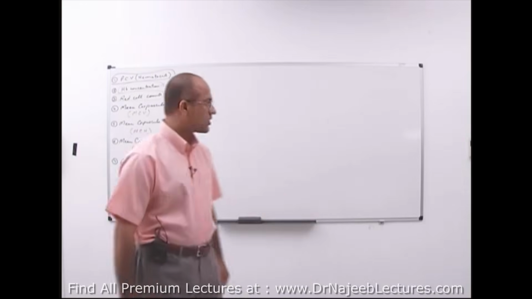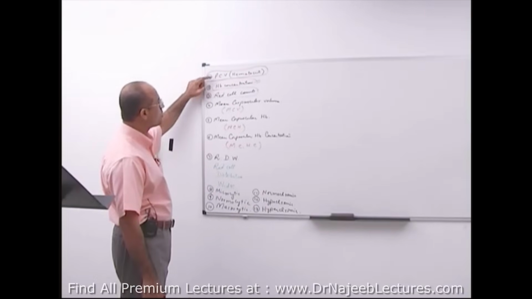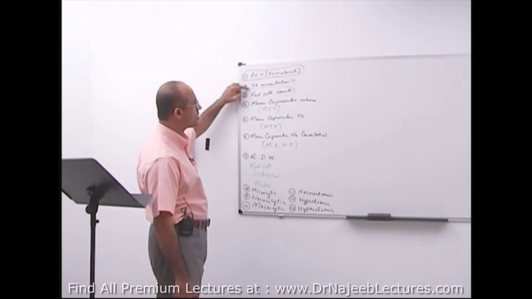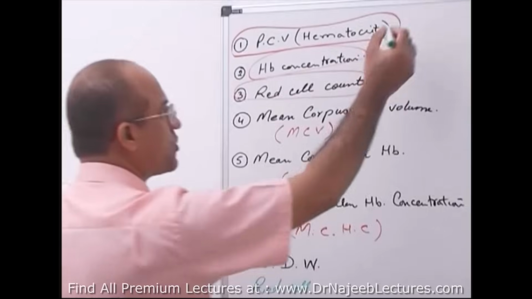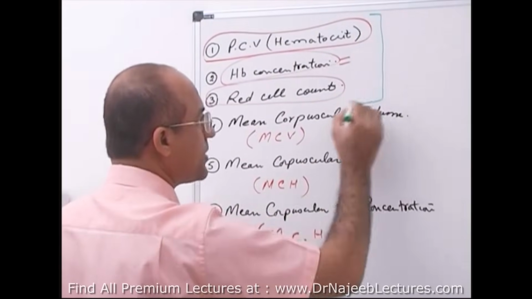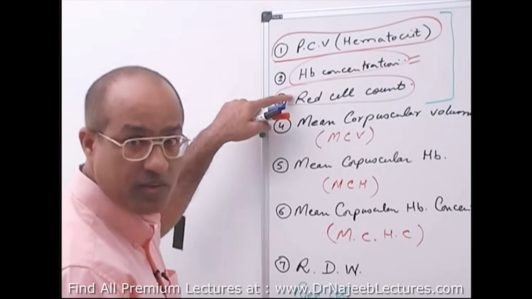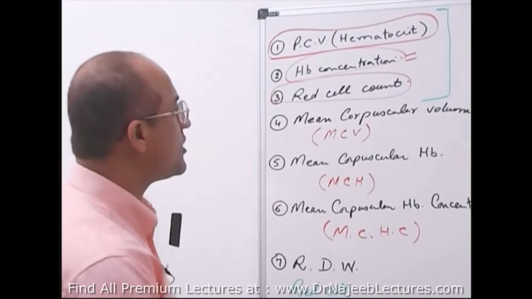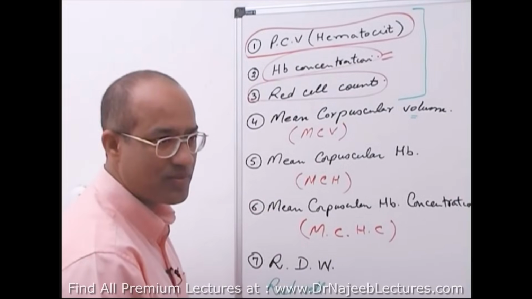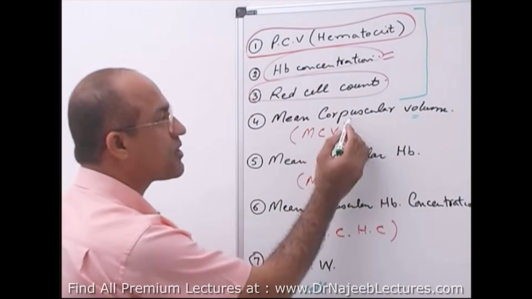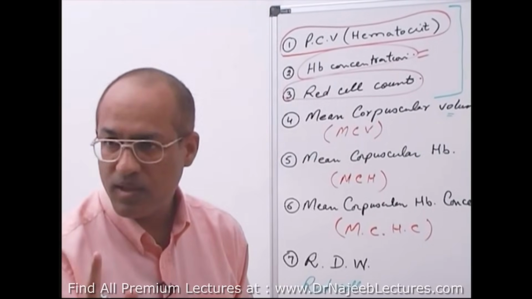Let's continue our discussion about red blood cells and investigations. We have seen what is meant by packed cell volume, hemoglobin concentration and red cell count. Once you know these three basic values in a given patient, then you can derive the volume of one RBC. That is mean corpuscular volume. What is the concept of mean corpuscular volume?